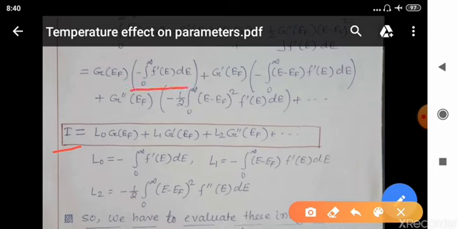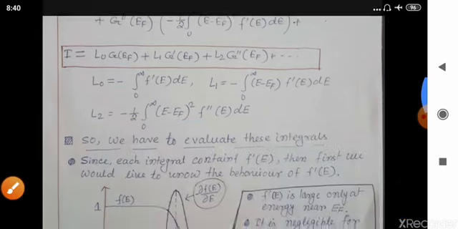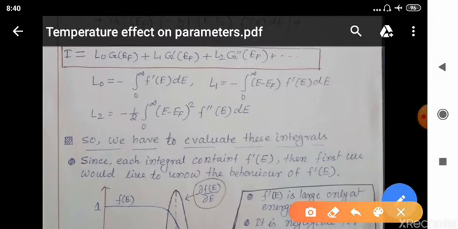I have termed this part as L0, that is L0 equal to the integral from 0 to infinity with negative sign of F prime (E) dE. L1 is this part, that is minus the integral from 0 to infinity of (E minus EF) F prime (E) dE, and L2 equal to minus half the integral from 0 to infinity of (E minus EF) whole square F prime (E) dE. So we have to evaluate these integrals to get the standard form of I.